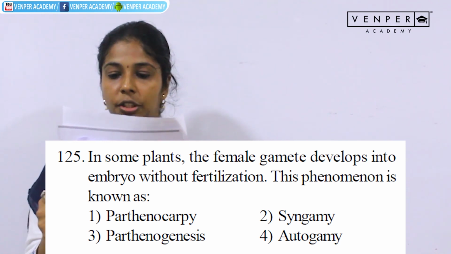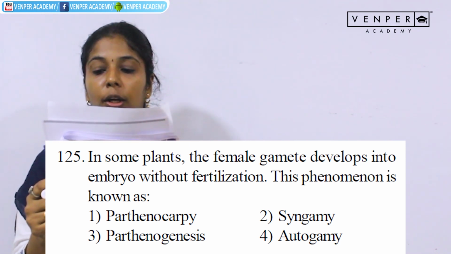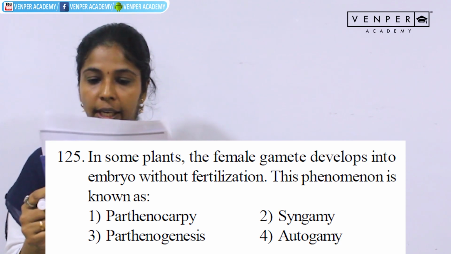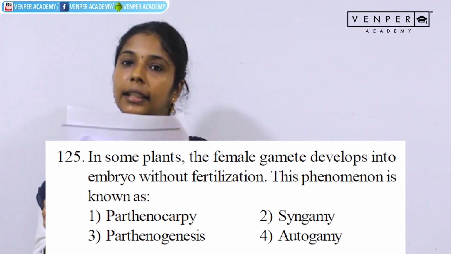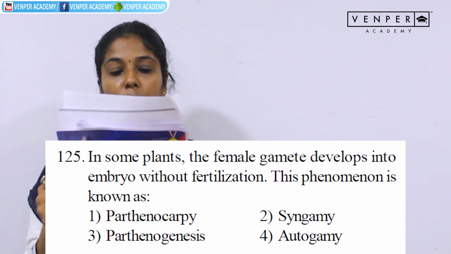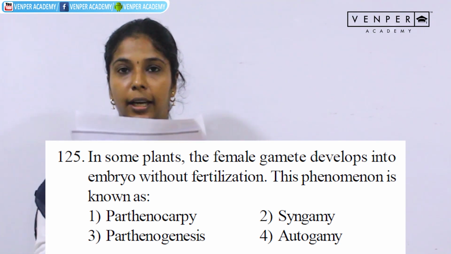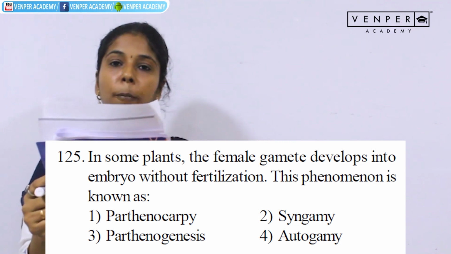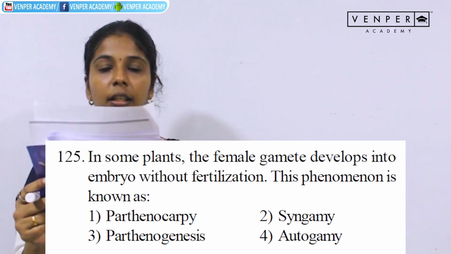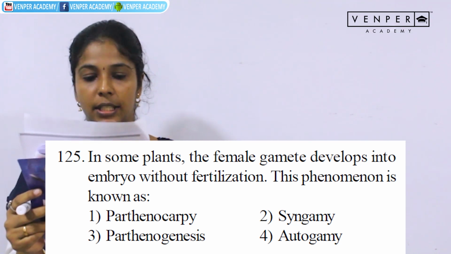Parthenogenesis is a reproductive strategy that involves development of female gametes, mostly, or rarely a male, without fertilization. It commonly occurs in lower plants and invertebrate animals and is rarely seen among higher vertebrates. So the answer for question 125 is option 3, parthenogenesis.